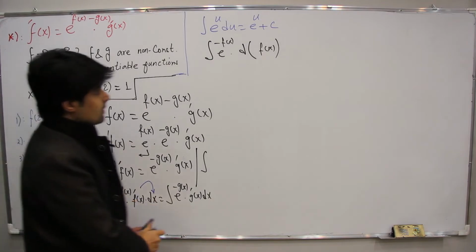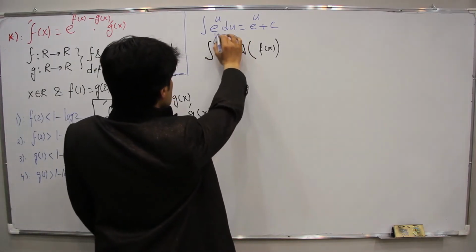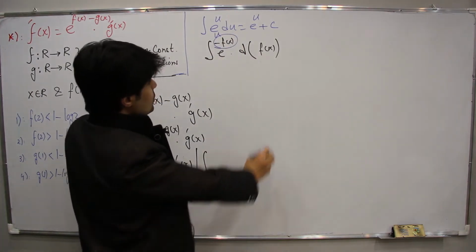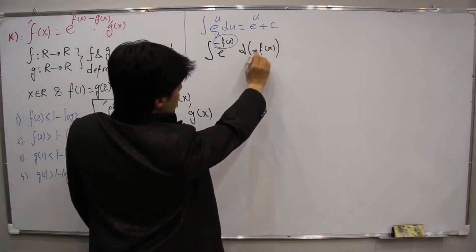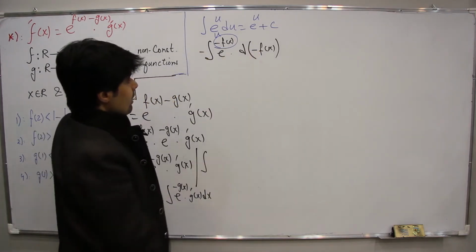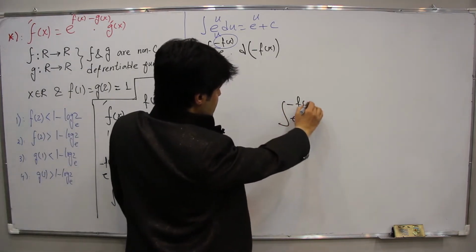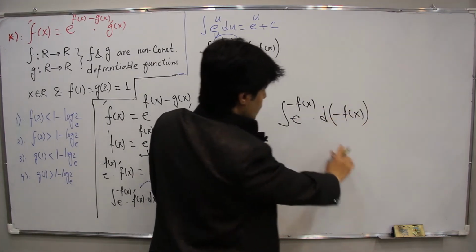But if I name here like u, we should have here also minus f(x). Now I have to write 1 minus here and 1 minus here. Why? Because e to the power minus f(x) d minus f(x). Now what does it mean?